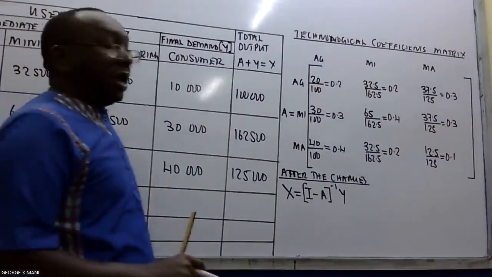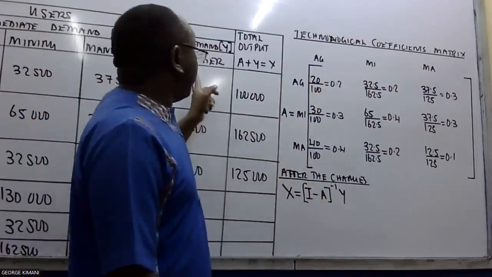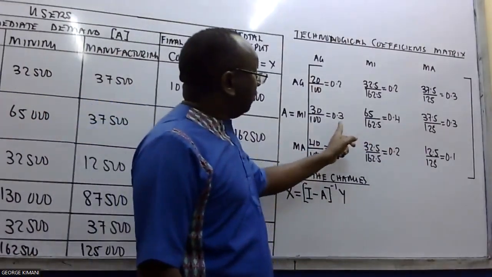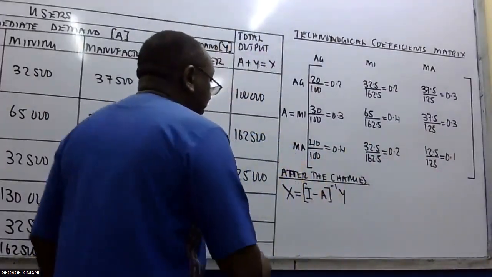So I have told you this formula is used when there are changes in the final demand, or the question gives you only these things. So let's start.